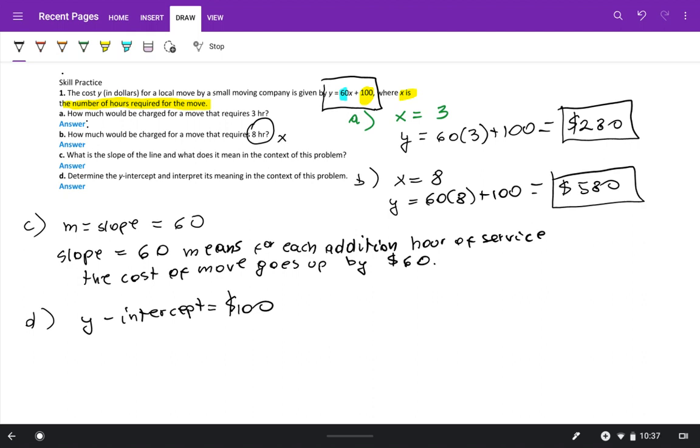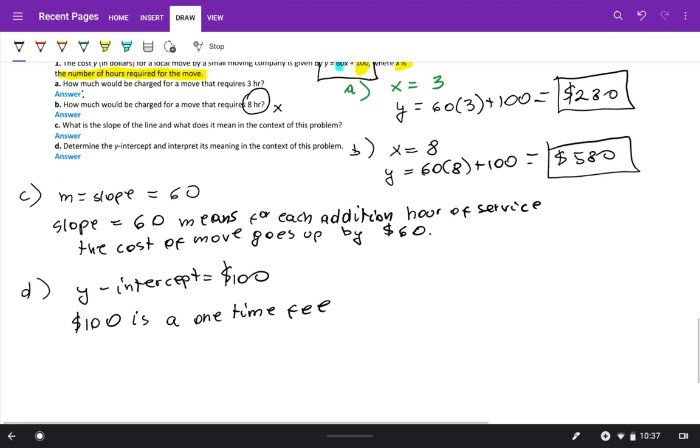So the Y-intercept, which is 100, is a one-time fee the company charges in addition to the hourly rate.